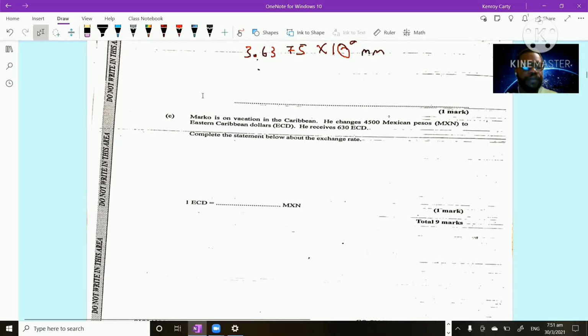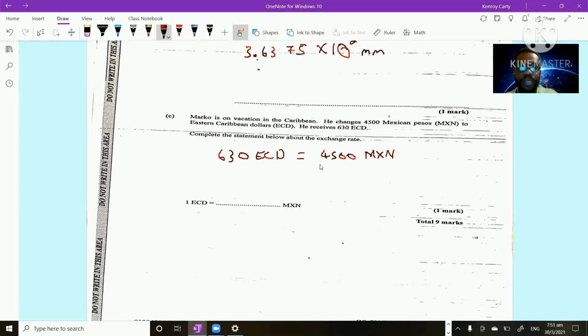Okay. All right. So we're going to have to use a comparison here to work this out. We can start by saying, since we have ECD to Mexican, based on the question, they told us that 630 Eastern Caribbean dollars is equal to 4,500 Mexican pesos.